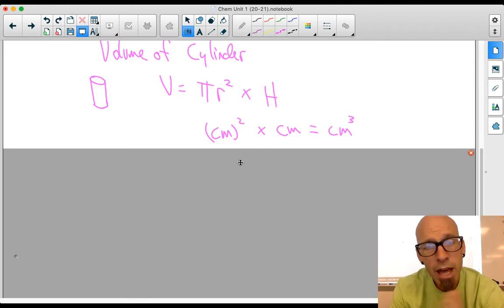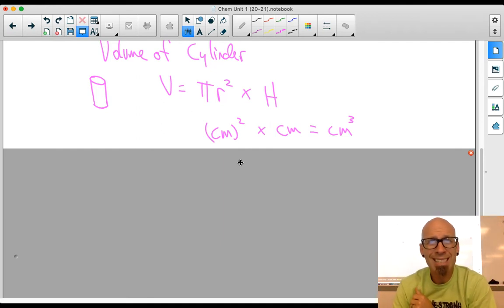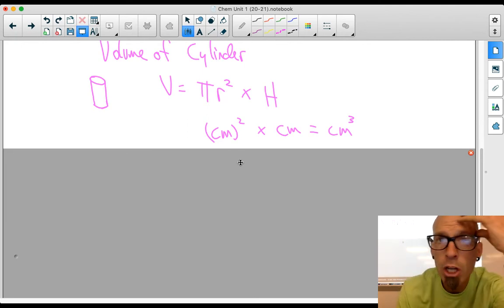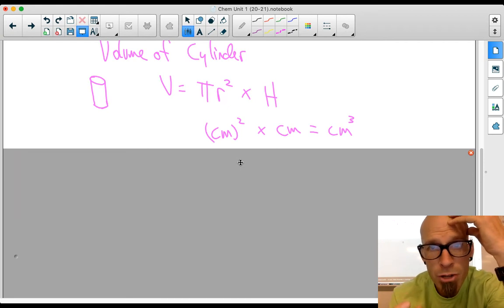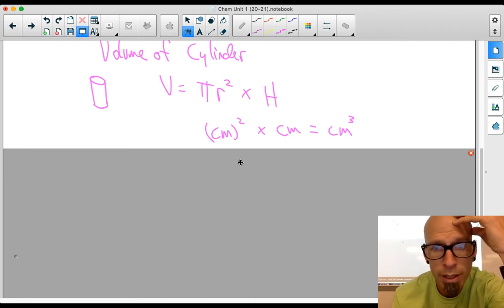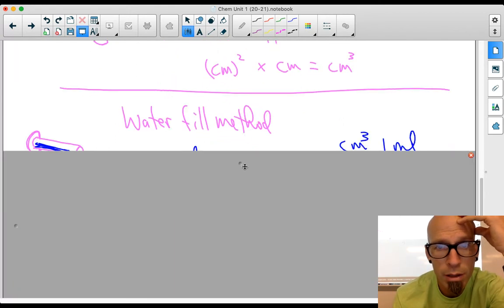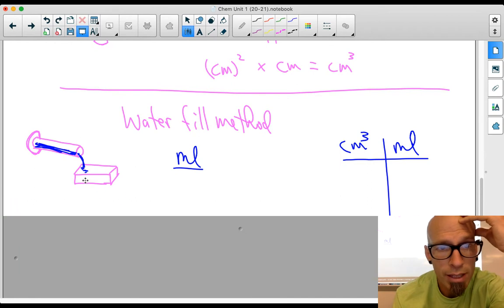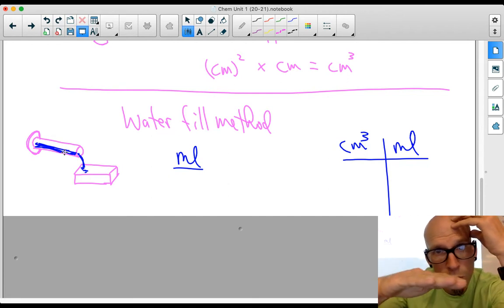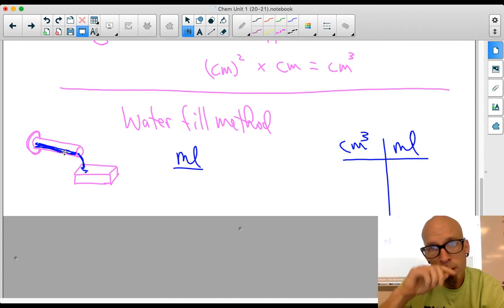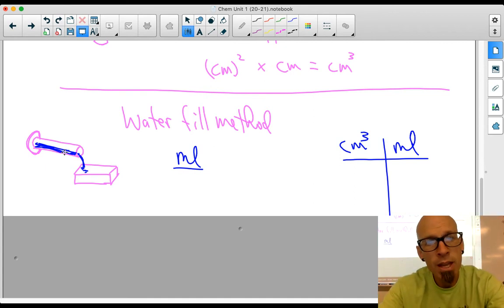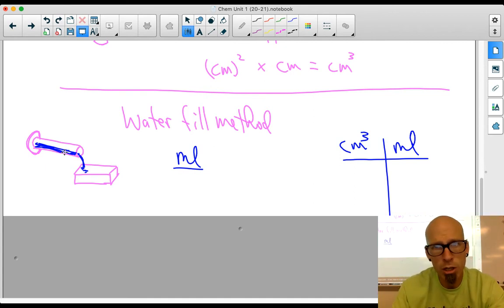Now, what is another way we can figure out the volume of the space inside a container? Someone suggested we could fill it with water and then measure the volume of the water that we put in there. And I agreed. So we have a water-filled method. The suggestion was that you fill up the container and then pour that water into something you can measure it with.